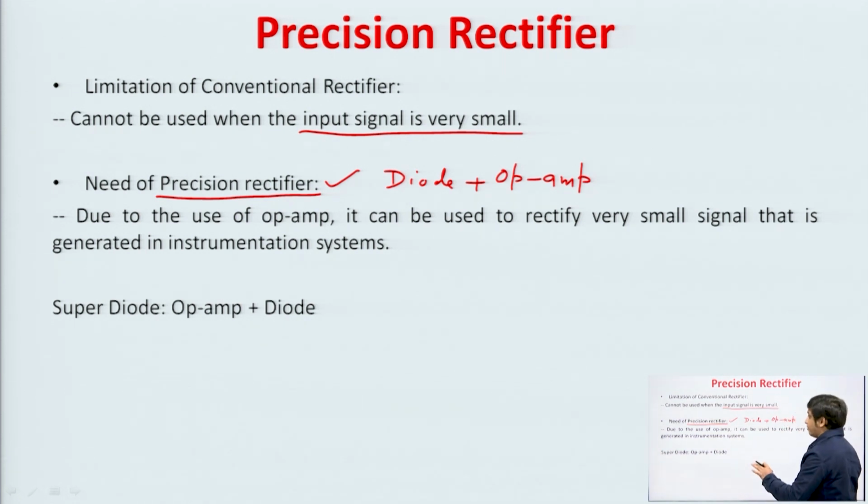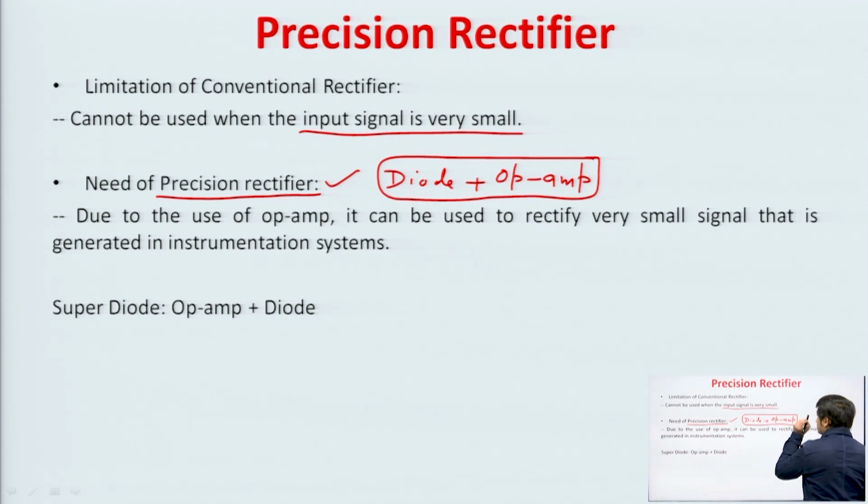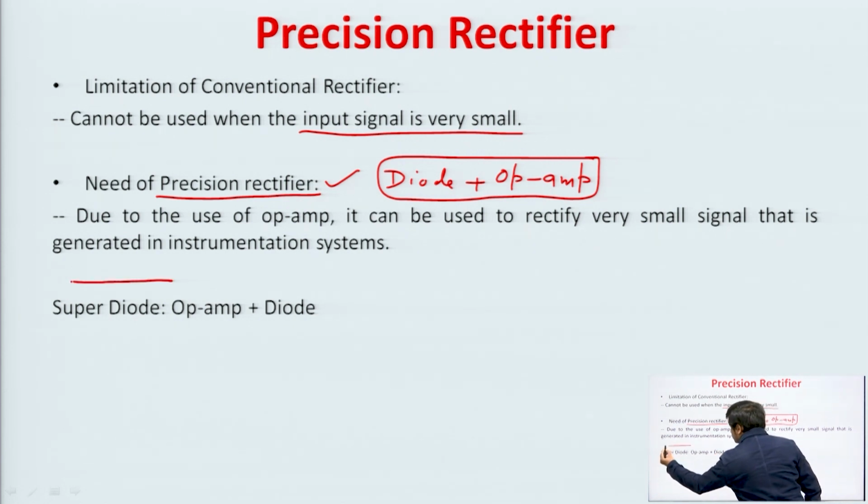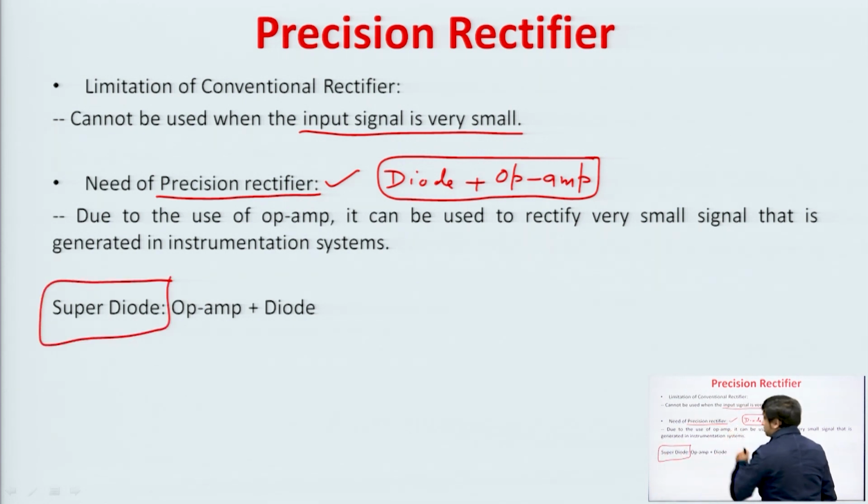But in a precision rectifier, along with the diode, an operational amplifier is used, and the combination of this diode and op amp is called a super diode. So, a super diode is the combination of op amp plus diode.